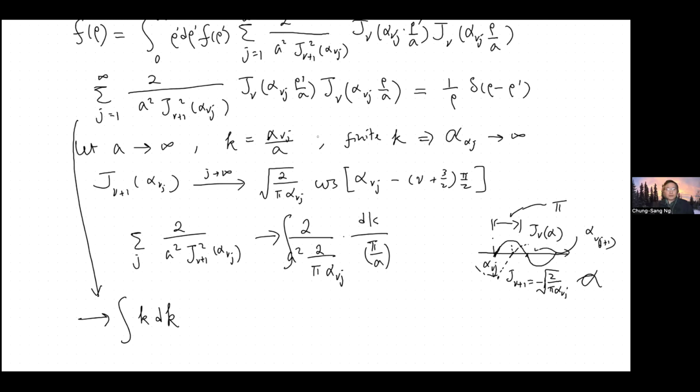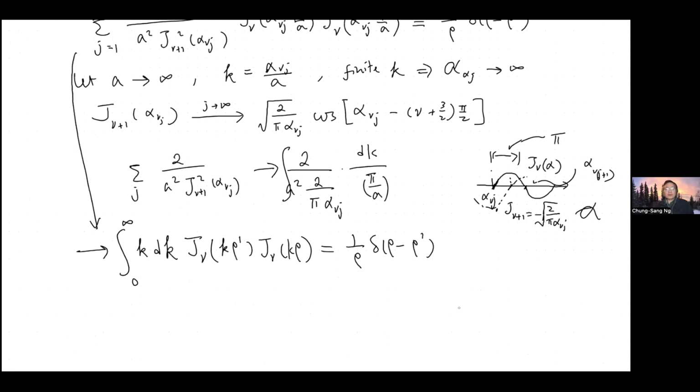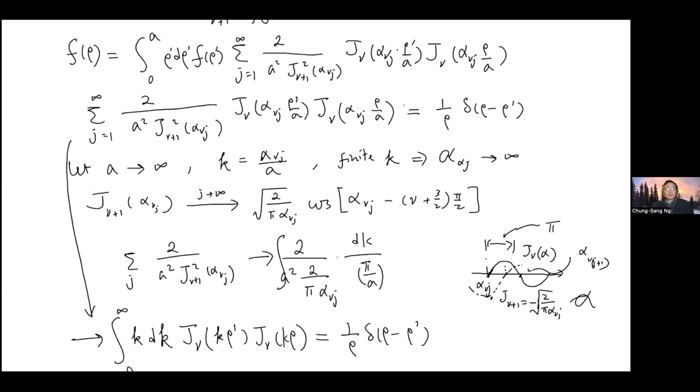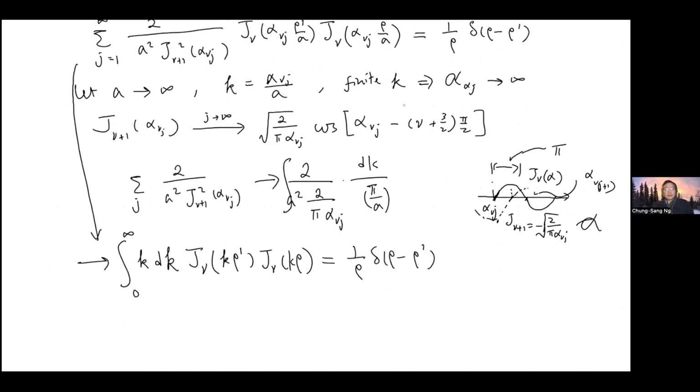So the integration now becomes from 0 to infinity, and the two factors j nu k rho, j nu k rho pi, and the right hand side is still 1 over rho, delta rho minus rho pi. Okay, so that is the continuum limit of the completeness condition.